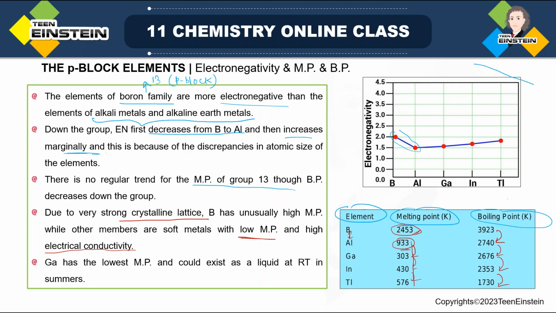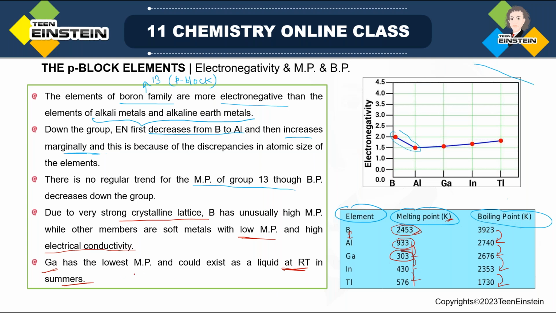And there is a very interesting thing about gallium. If it is room temperature and if it is summer season, you can see gallium is in liquid state, because its melting point is 303 Kelvin, which if you convert to degrees centigrade, you can understand is very close to room temperature, right?